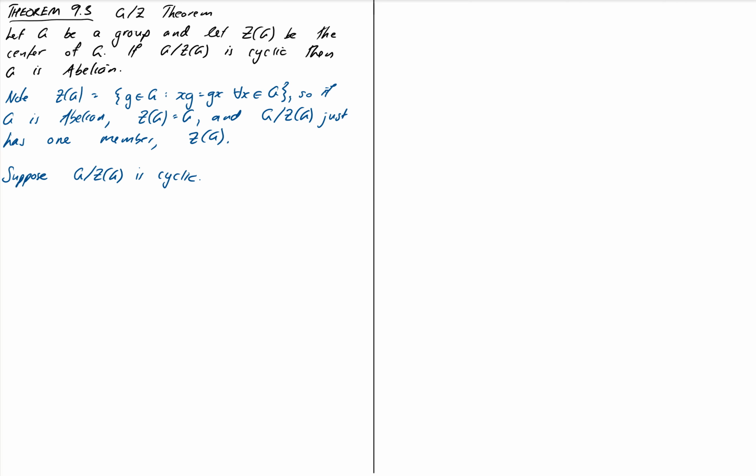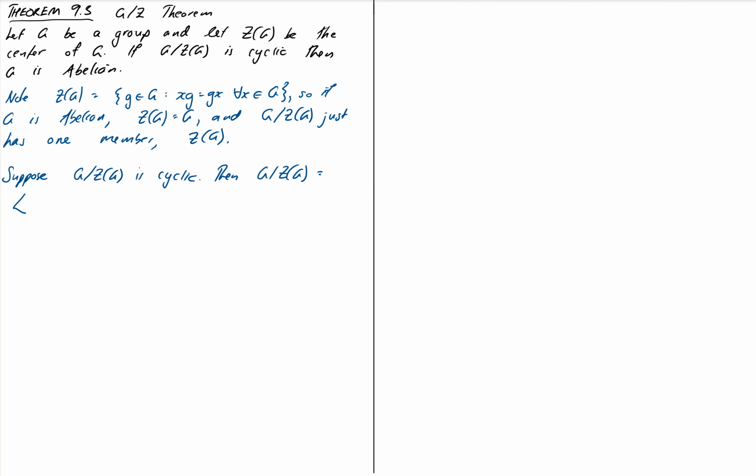Therefore, because we've supposed it's cyclic, we can write it in an alternative way. It's got to be equal to a cyclic subgroup generated by something, and it's going to be a coset of Z, because those are the members of our factor group.